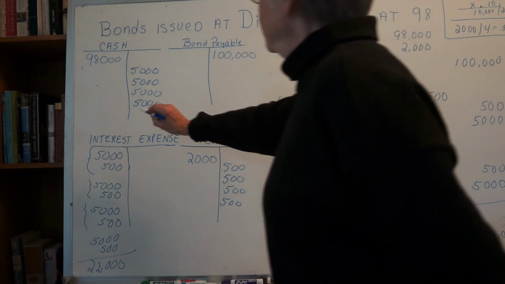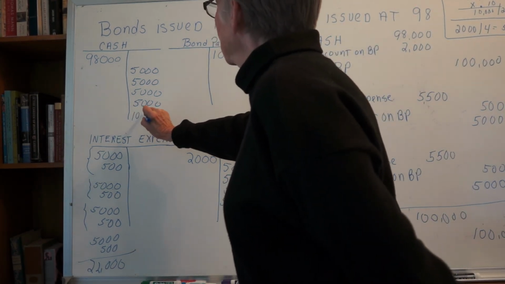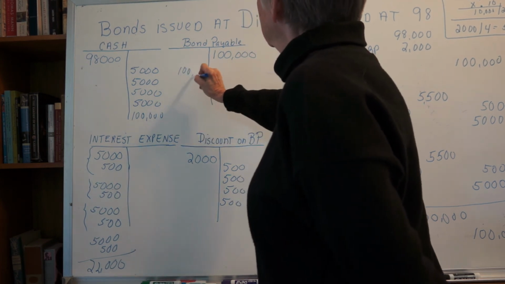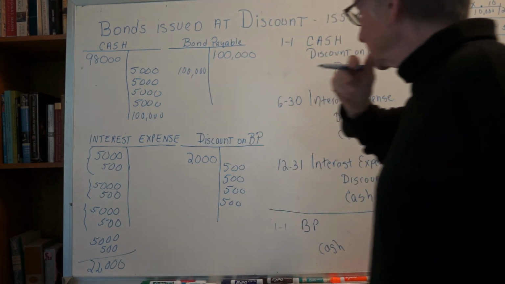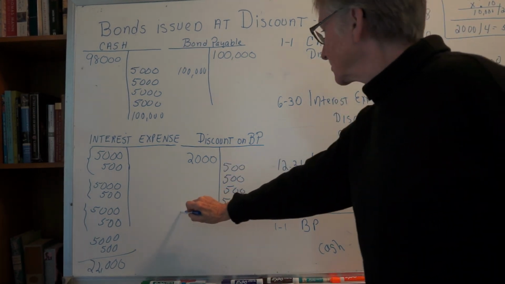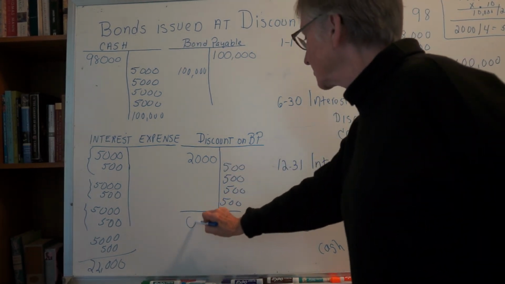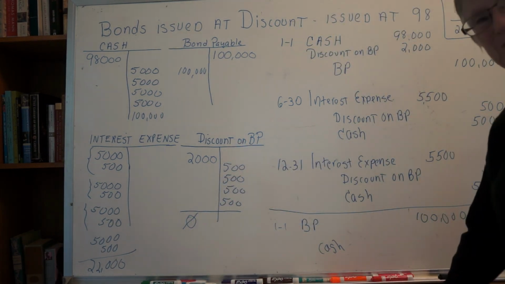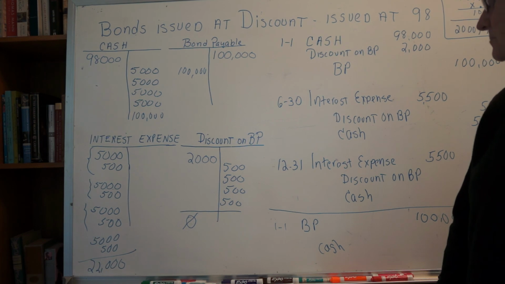So this would be what our cash flows would look like on this bond. Okay, that would be redeeming it. You'll notice that by the end of the life of the bond, that balance in the discount is 0. We've totally amortized it over the life of the bond.